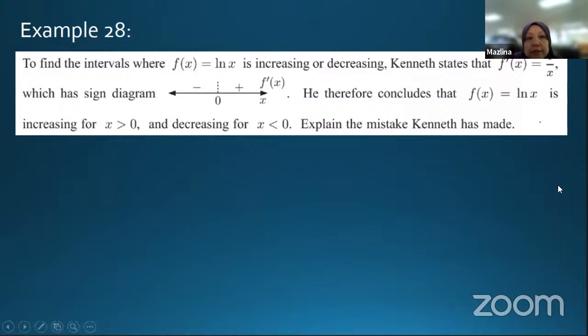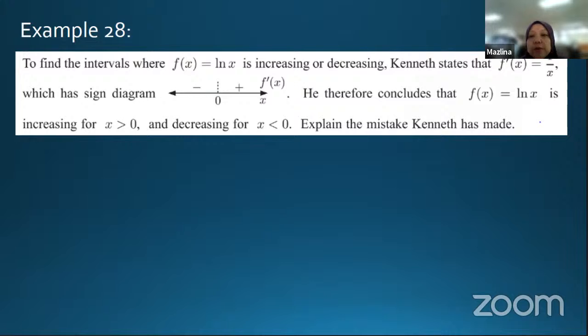To find the interval where fx is equal to ln x is increasing or decreasing, Kenneth states that f prime x is equal to 1 over x, which has sign diagram itulah below 0 is negative, above 0 is positive for f prime.